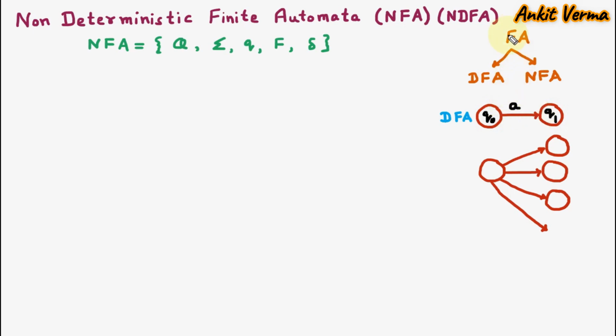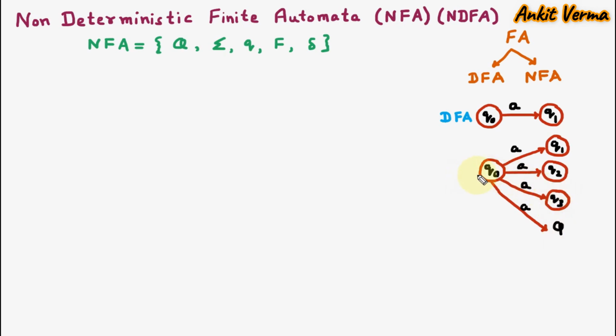The second type of finite automata is NFA, which is non-deterministic finite automata. Here in the figure, let us suppose that we are on the state Q0 and if A is coming, then we are going to the Q1, or for the A we can go to Q2, or for the A we can go to Q3, or for the A we can go nowhere, which is phi.